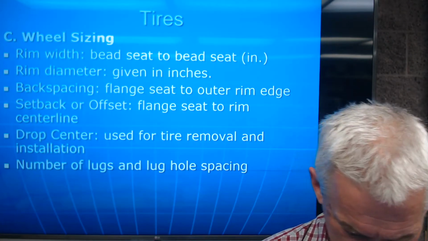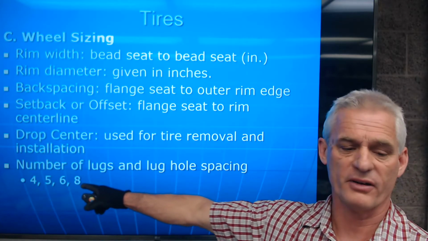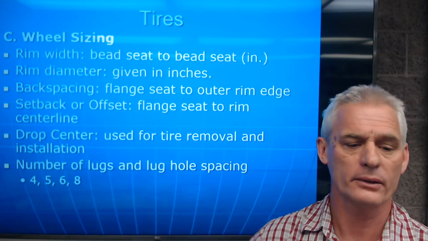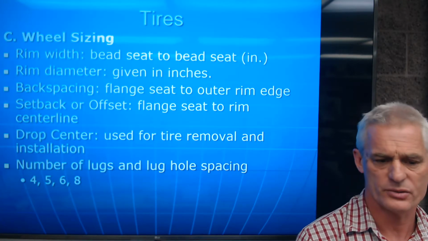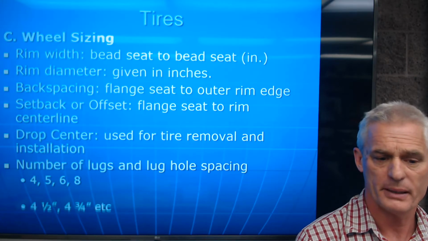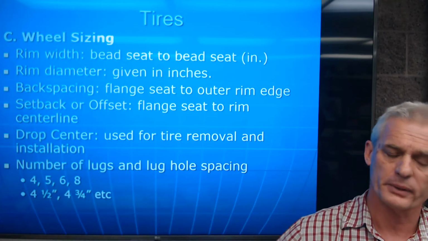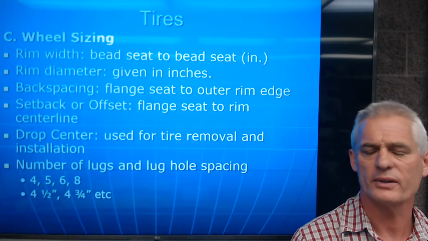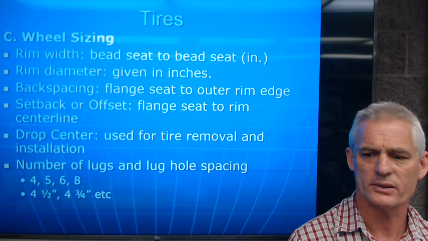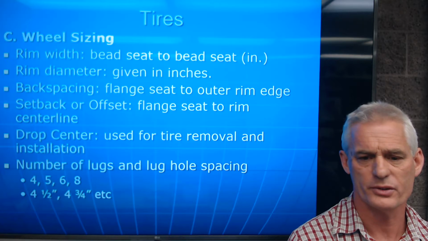By the way, we can have 4 lug, 5 lug, 6 lug, 8 lug. 8 lugs is typically on trucks, 5 is typically passenger cars, 4 is some very small passenger cars. And we'll have a 4.5-inch bolt spacing or 4 3/4 bolt spacing, something like that. So those are things that we can measure. A resource like TireRack.com is really great for getting a lot of tire and wheel information.